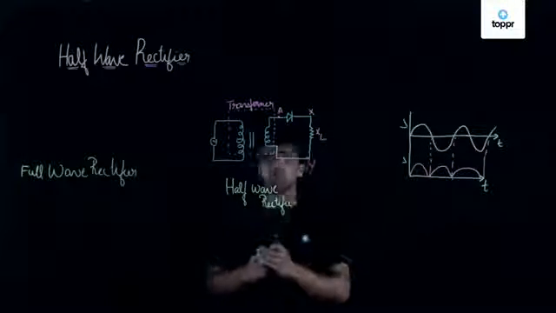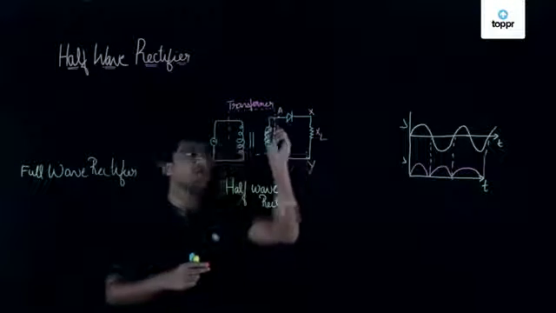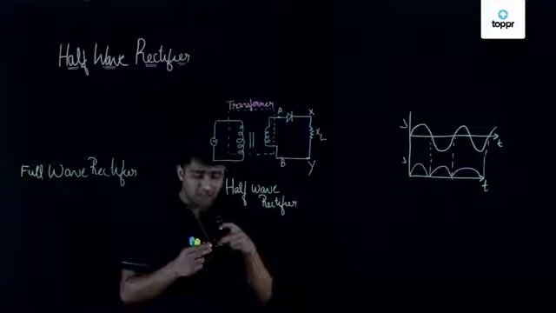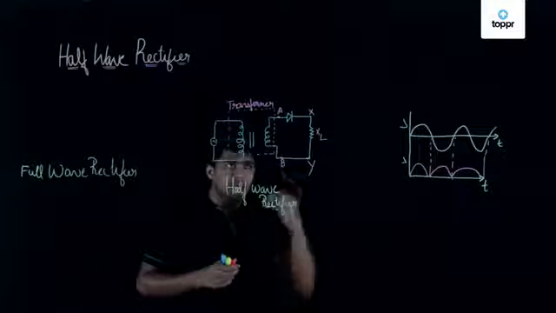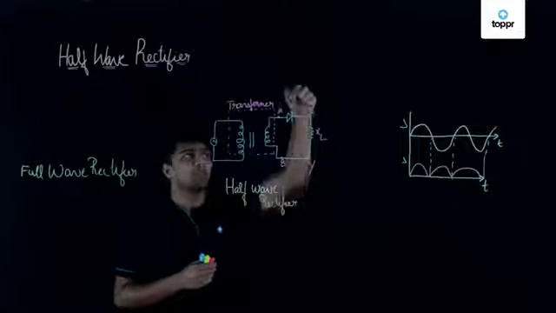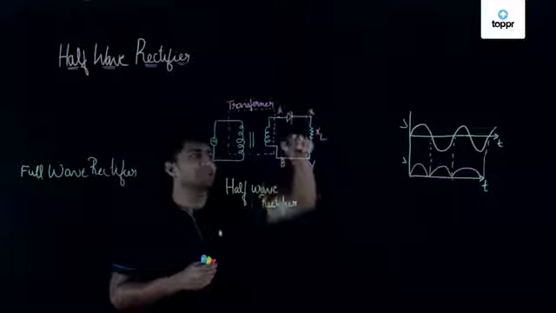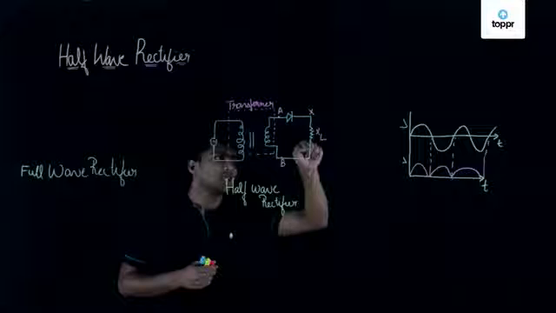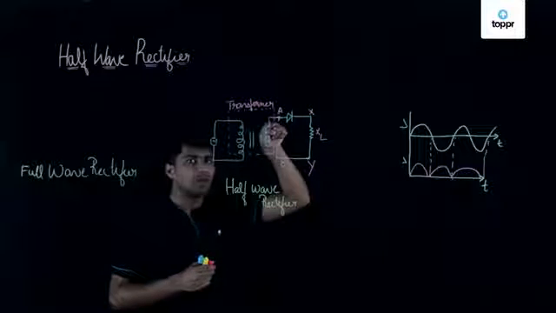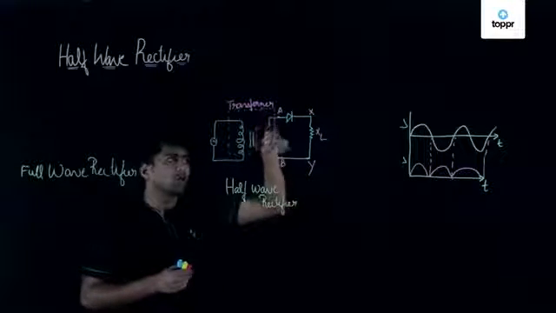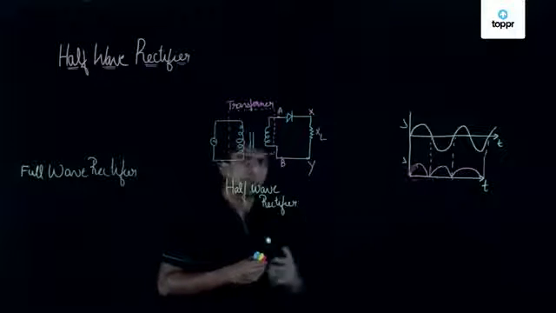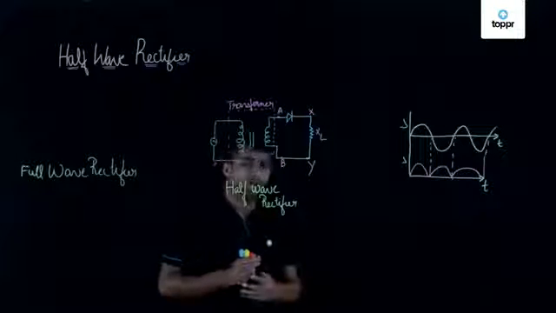Here only one diode is added. If we add another diode, then when this point is forward biased, this will be reverse biased, and once the current reaches over here, this will be reverse and this will be forward, which means we will get a proper output when we use a full wave rectifier.